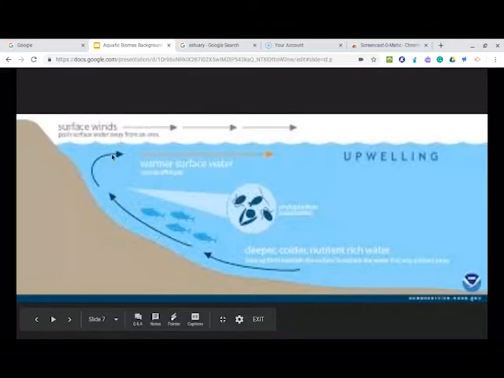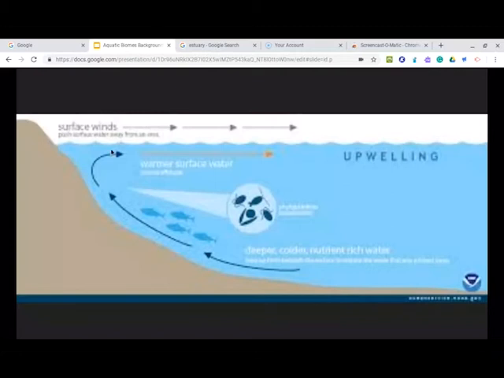Because there's more nutrients coming up here, you're going to have algae freak out. It's going to have a heyday. A lot of algae is going to bloom. And the fish are going to eat that stuff. So you're going to have a population boom in this area also. We see this a lot off the coast of South America, near the equator.